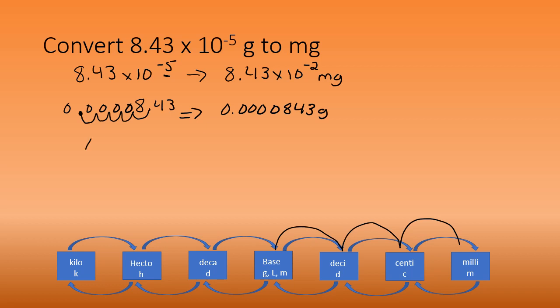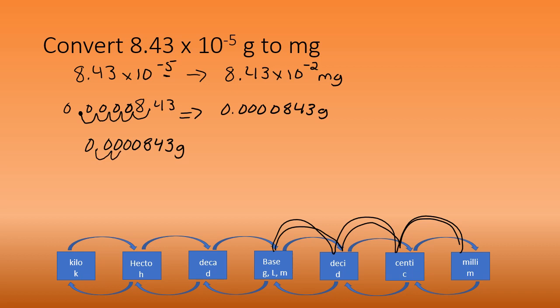So I'll rewrite it down here, 0.0000843 grams. And again, we've noted that to move from the base unit grams to the milligram, we need to make 1, 2, 3 decimal jumps to the right.